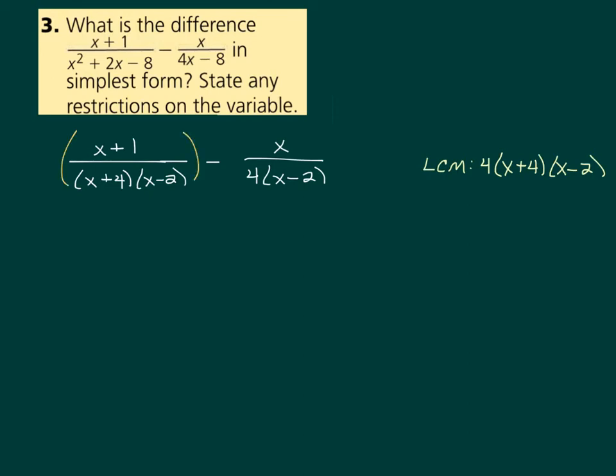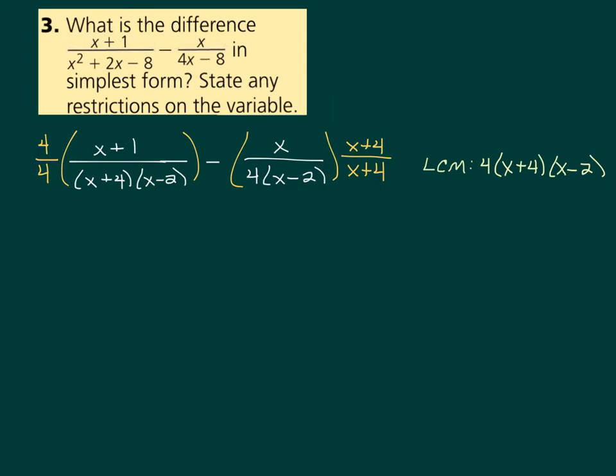So I have to multiply here by 4 over 4, and here by (x plus 4) over (x plus 4). Because again, once you've identified the least common multiple, you just want to know, what do I need to multiply this denominator by to get the least common multiple? 4. What do I need to multiply this by to get the least common multiple?